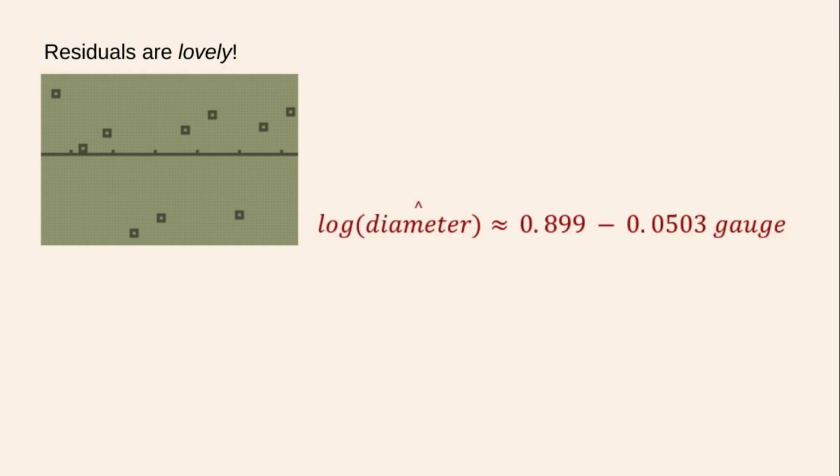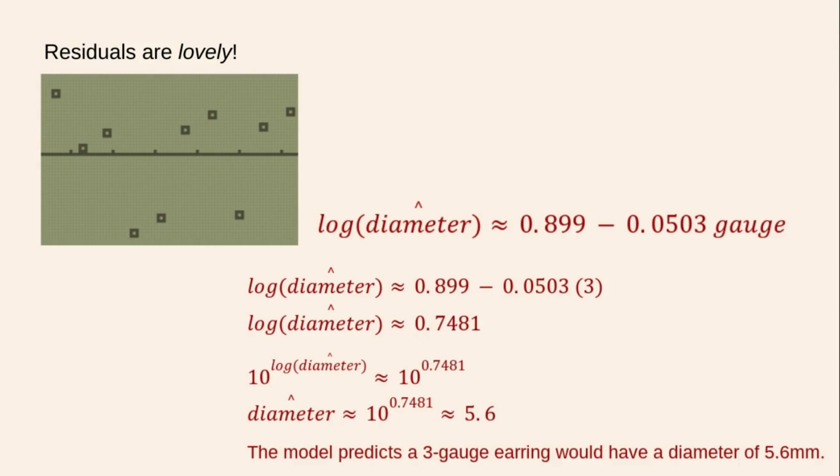Okay, so here we go. This is the model we're going to be using. Remember, we applied a logarithm to the predicted y value. So the log of predicted diameter is equal to, here's my B0, here's my B1, times the gauge of the earring. So we're trying to predict the diameter of a 3-gauge earring. So we'd substitute 3 for the gauge, and we get this value.